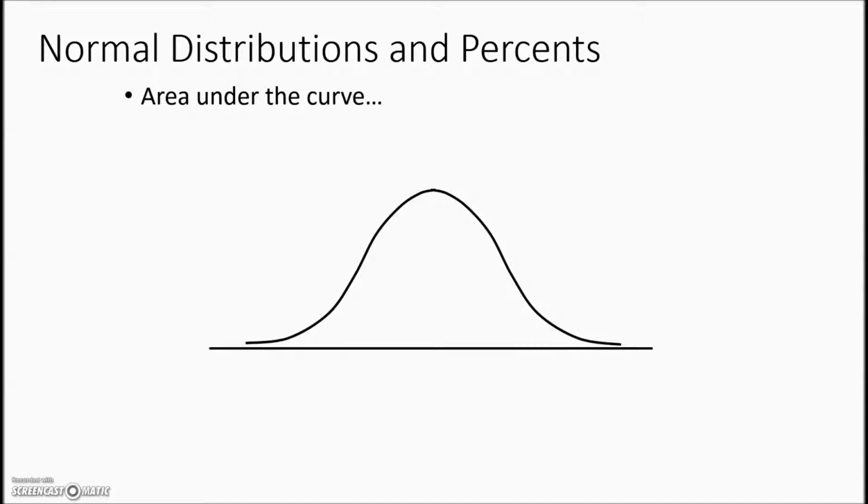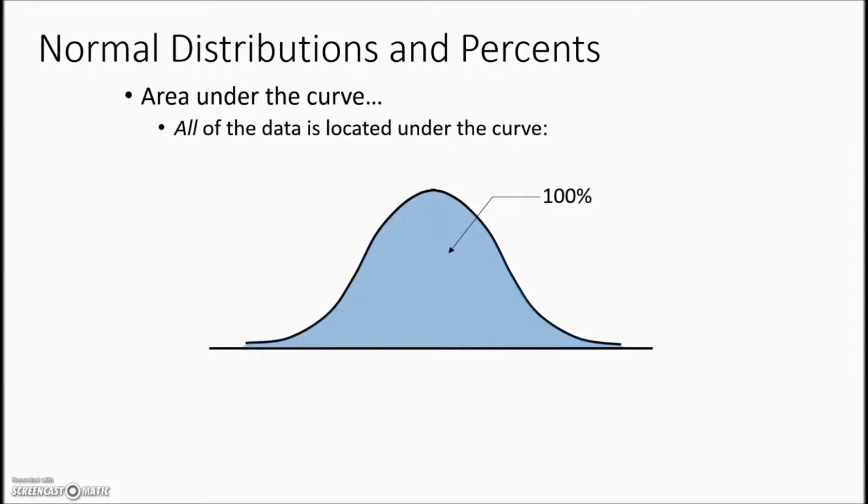From the calculus world, we use calculus to determine the area underneath a curve, and it is set at 1, or translate that into a percentage. The area underneath the curve is all of the data, so that area of 1 is also equal to 100%.